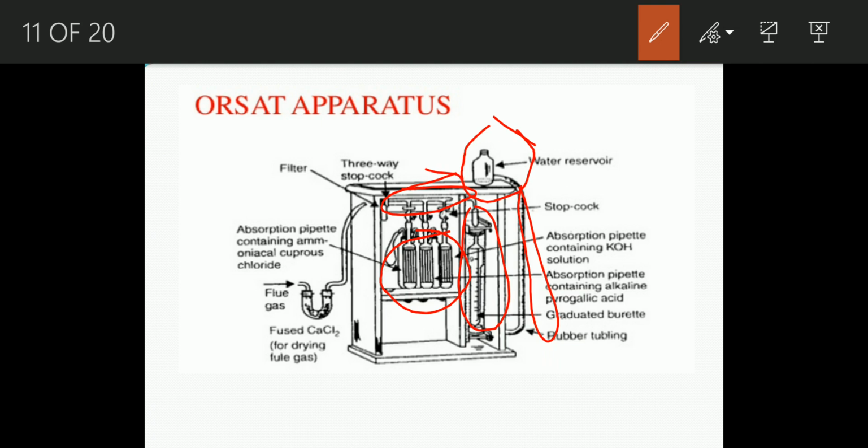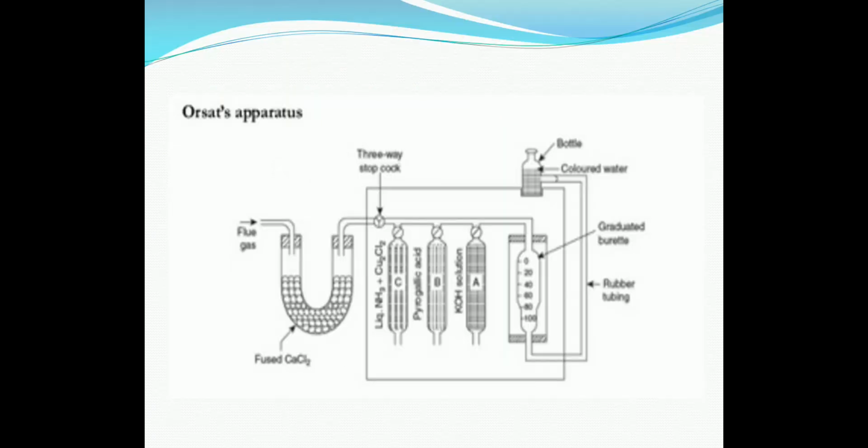Here you can see a 3-way stopcock fitted to the horizontal tube, and the U-shaped tube which has an inlet for flue gas and an outlet. This outlet is connected to the long horizontal tube.